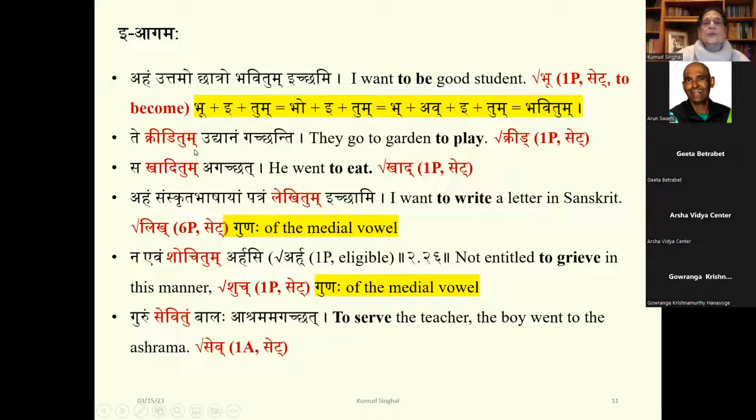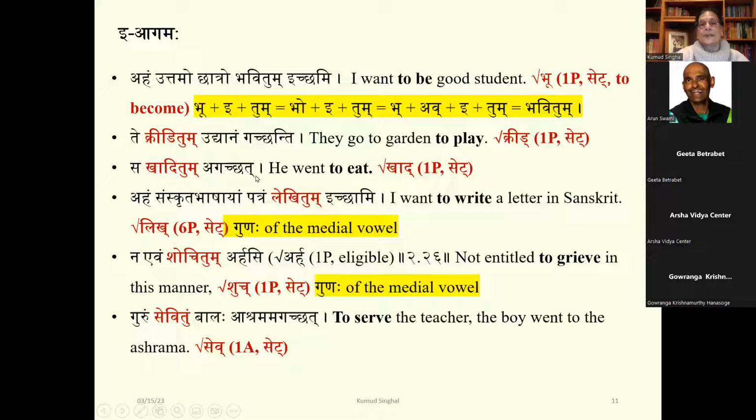Te kriditum udyanam gachanti. So they go to the garden to play. Again, krid is a set dhatu. So therefore you have krid plus e plus tum, it becomes kriditum. Saha khaditum agachat.